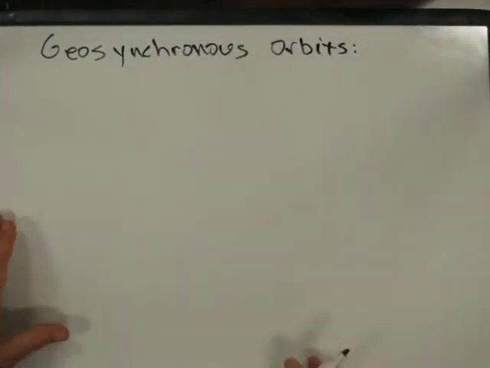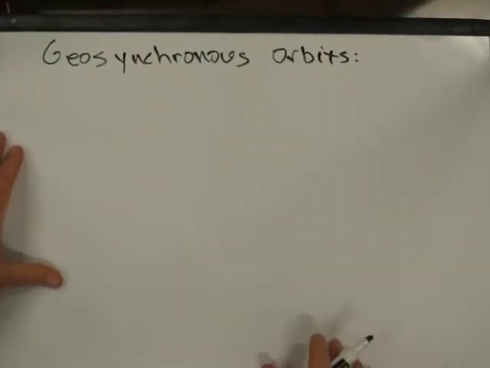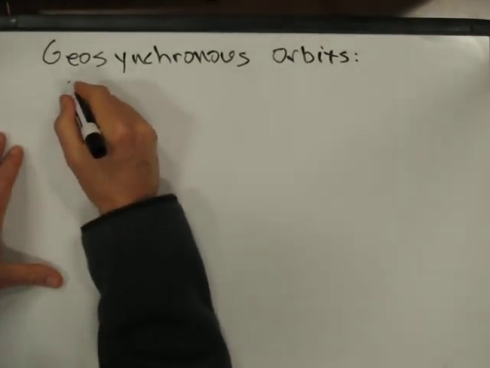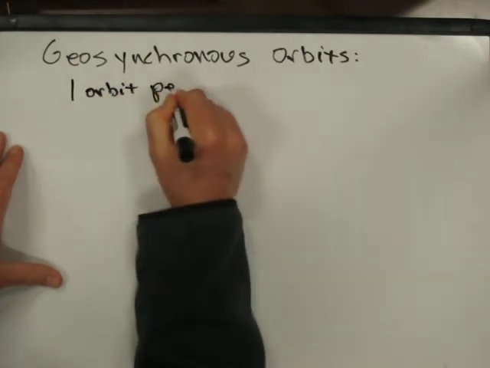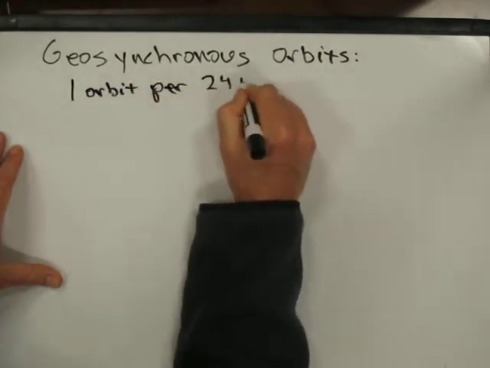So having said that, let's talk about geosynchronous orbits for a second. A geosynchronous orbit means one orbit per 24 hours.